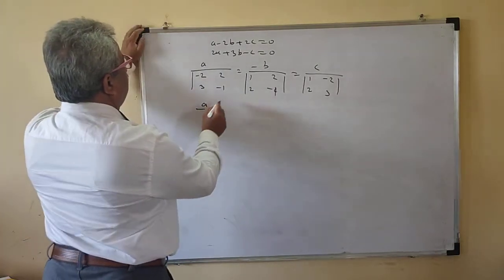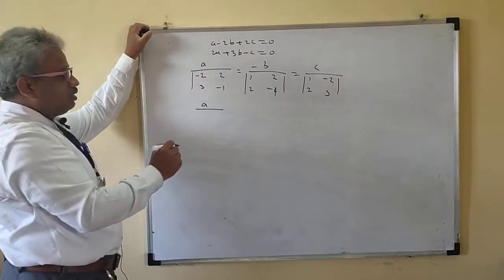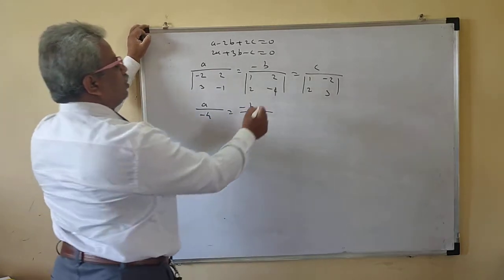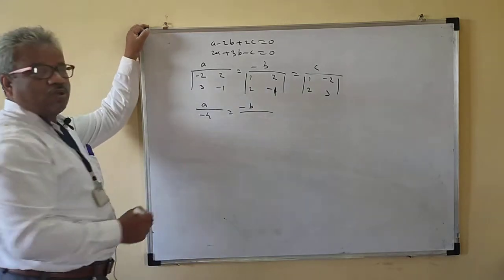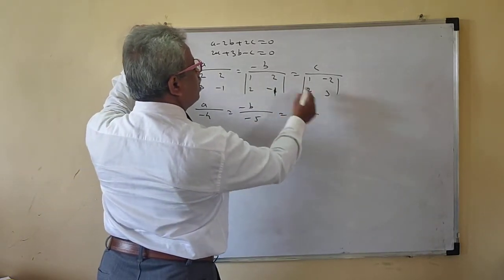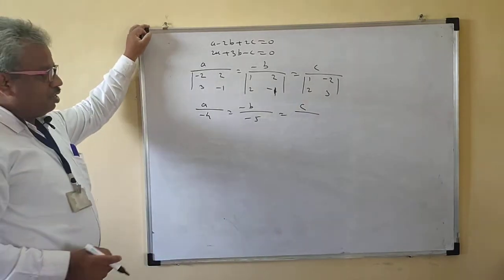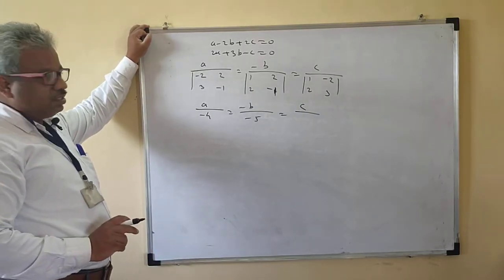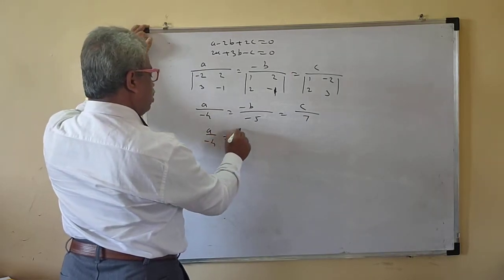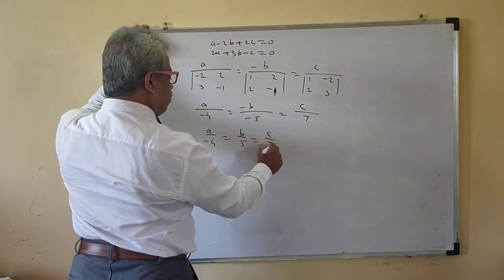This is A upon 2 minus 6, which is minus 4, minus B upon minus 1 minus 4, this is minus 5, C upon 3 minus minus becomes plus, so this is 7. So A upon minus 4, B upon 5, C upon 7.